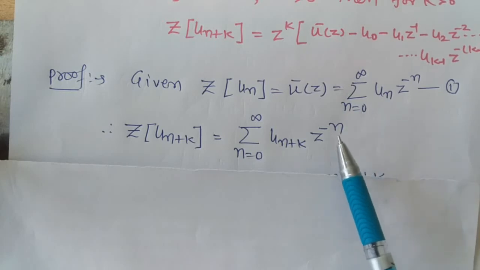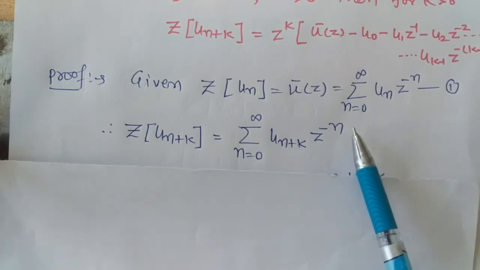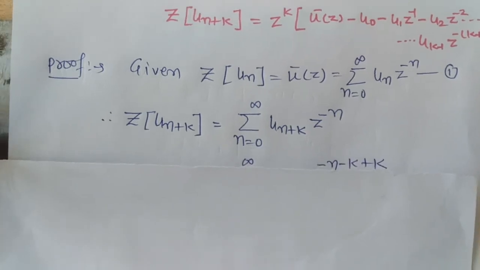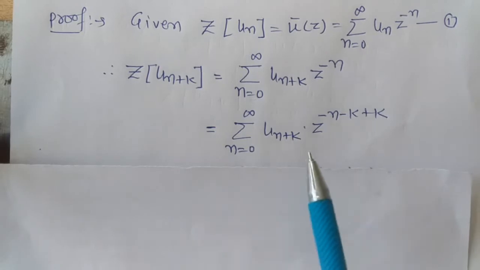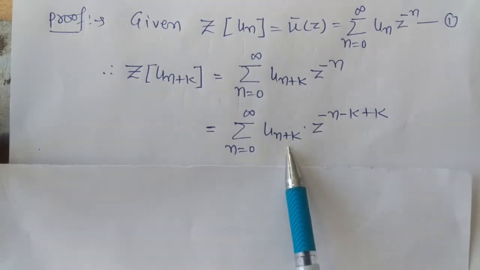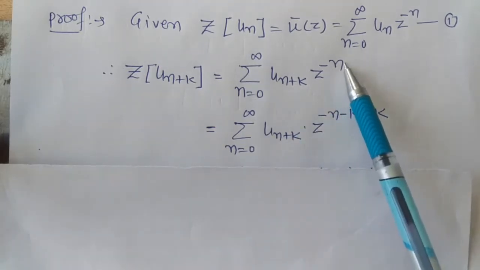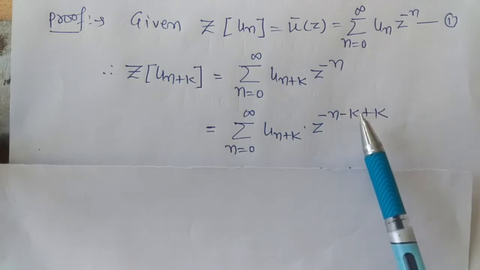Now here in the power of z we add and subtract k, then we get summation n goes from 0 to infinity u_{n+k} multiplied by z^{-n-k+k}.